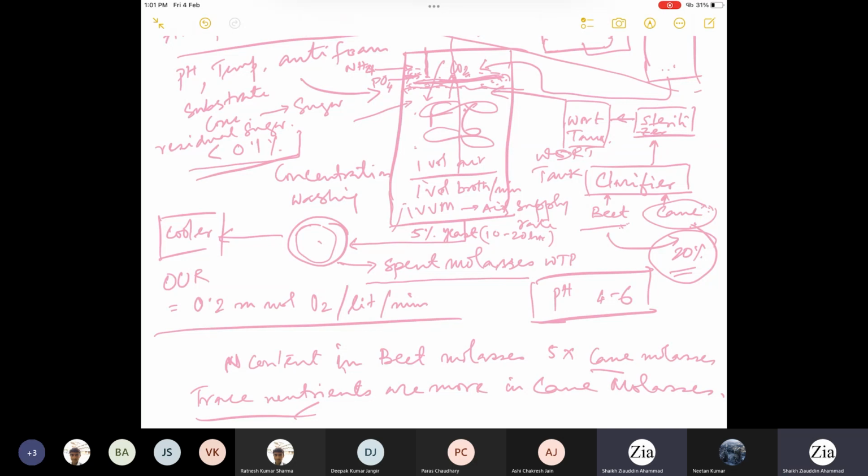The reason is our intention is not to kill the organism. We have an idea about the shear sensitivity of the organism, so we maintain conditions such that the combination of aeration and agitation will not create any cell disruption.